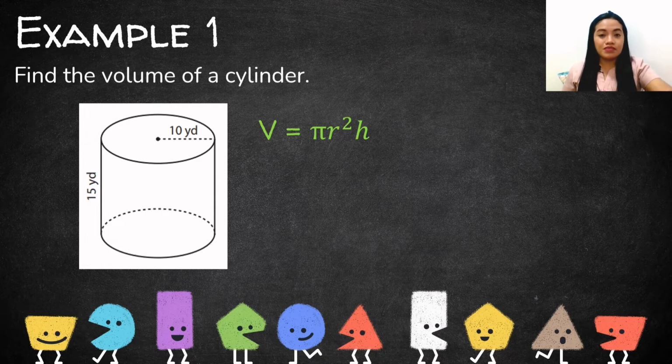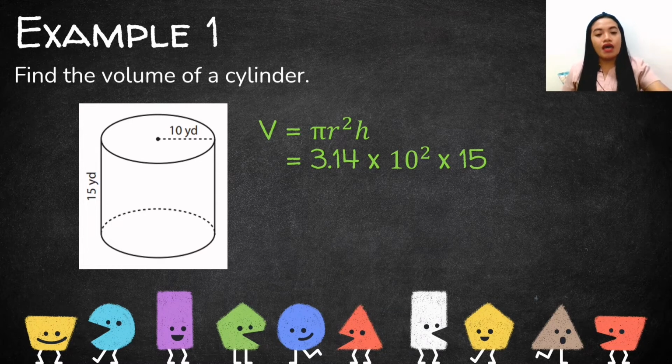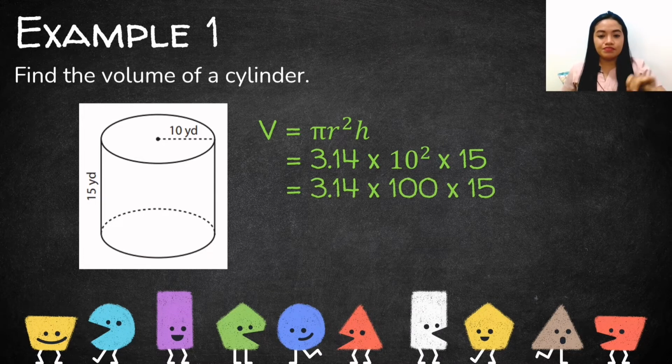Now, substituting all the given, which is the 10 yards and 15 yards, we come up with 3.14, which is the approximation value of pi times 10 raised to 2, or 10 times 10 times 15. 10 raised to 2 is equal to 100.